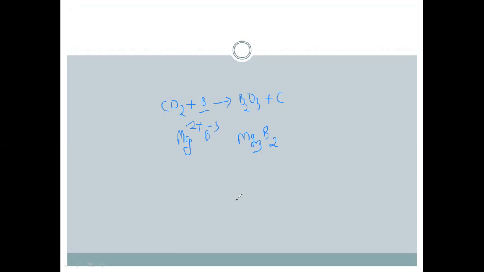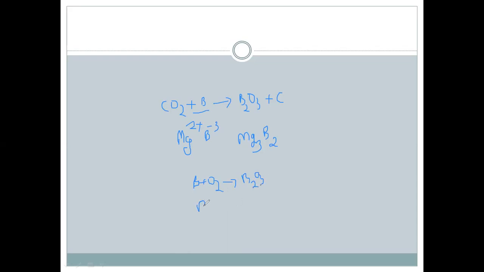Now, reaction with oxygen: boron forms boron anhydride, B2O3, when treated with oxygen.